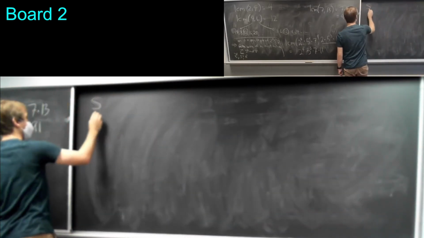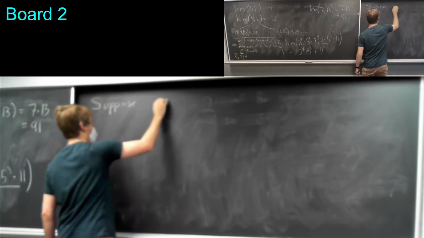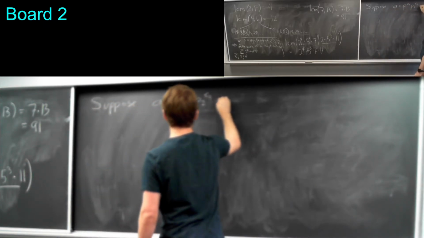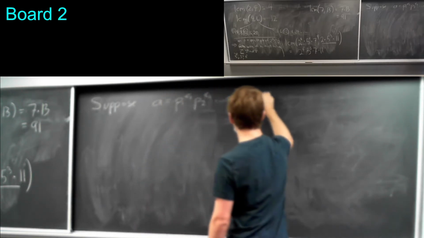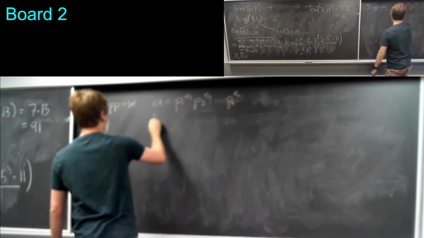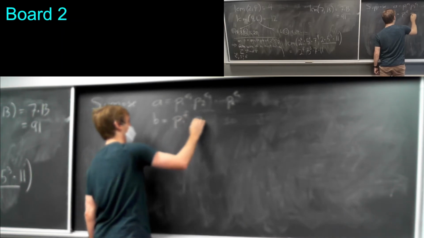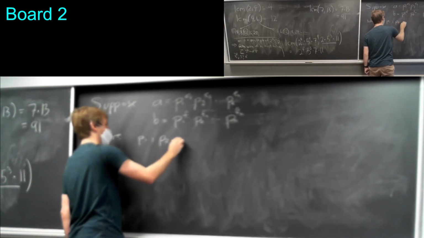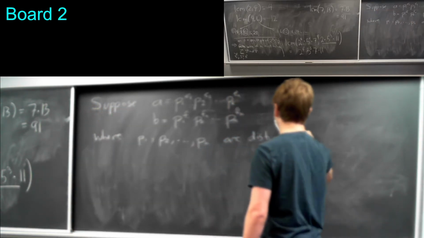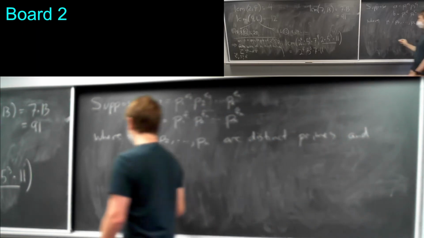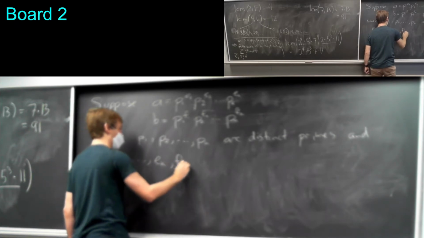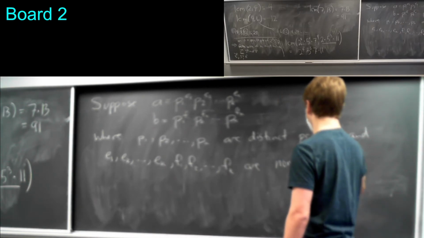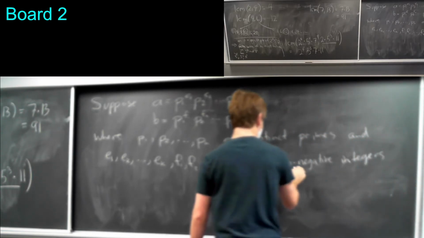Suppose that a is a number of the form p1 to the e1, p2 to the e2, up to pk to the ek, and b is p1 to the f1, p2 to the f2, up to pk to the fk, where p1, p2, up to pk are distinct primes, and all of our numbers e1 up to ek and f1, f2 up to fk are non-negative integers. So non-negative just means at least 0, right?